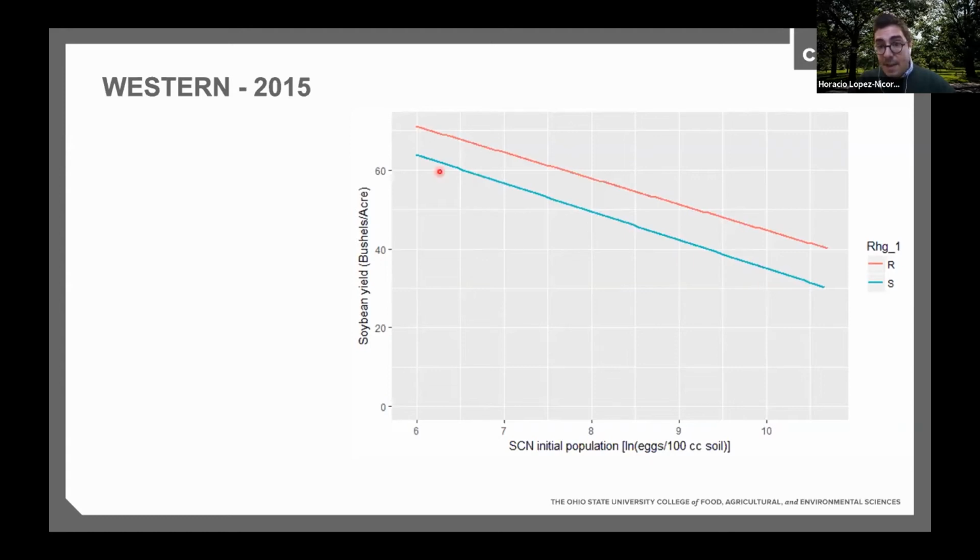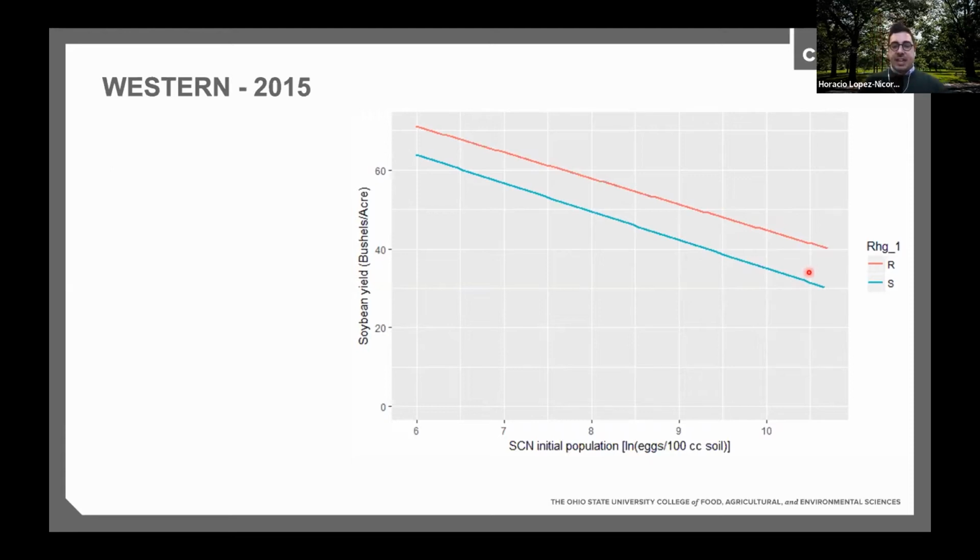That happened both for the susceptible and the resistant line. The other important thing that I'm sure you're noticing is that there's always this gap between resistant and susceptible. And you can see that as we increase soybean cyst nematode, that gap becomes greater.